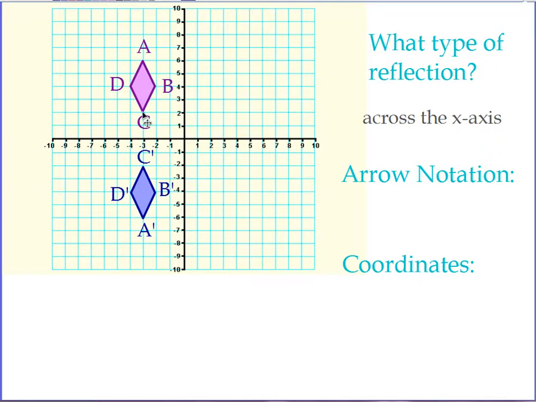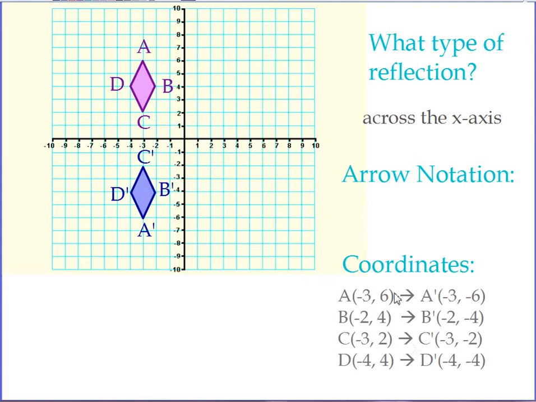Notice that point C is 2 units away from the x-axis. Point C prime is 2 units away from the x-axis. B is 4 units away. B prime is 4 units away. And that will happen with every point from pre-image to image. Next, let's take a look at the coordinates so that we can know what notation to write.